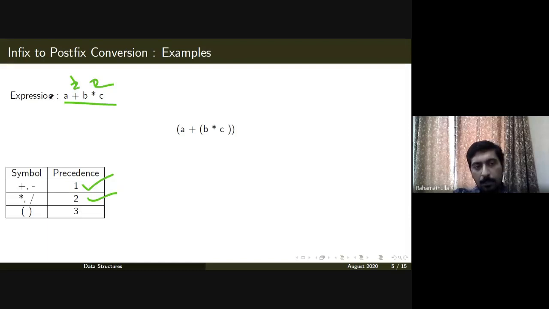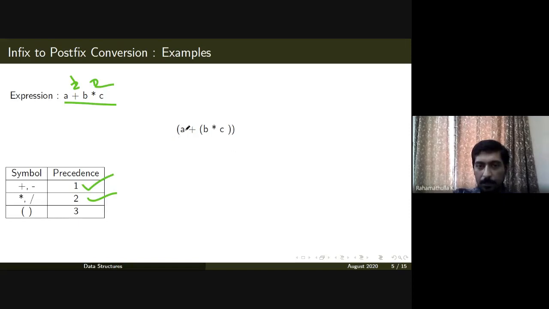In order to convert this from infix to postfix manually, we parenthesize the entire expression like this. Once you add round brackets, you understand that B star C is the operation to be done first.